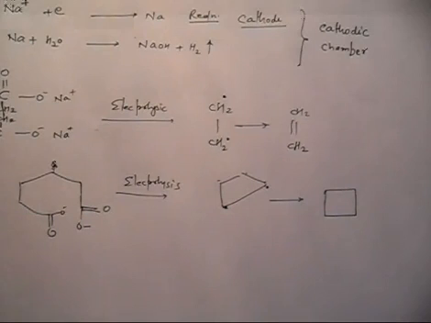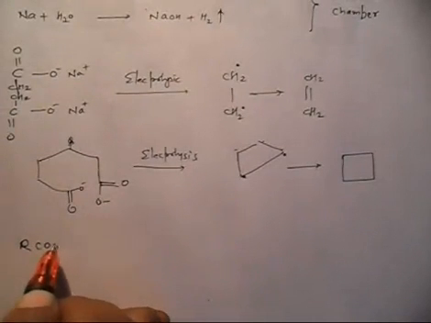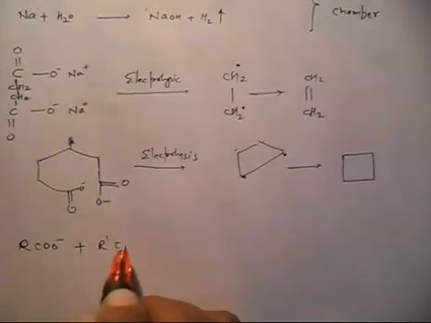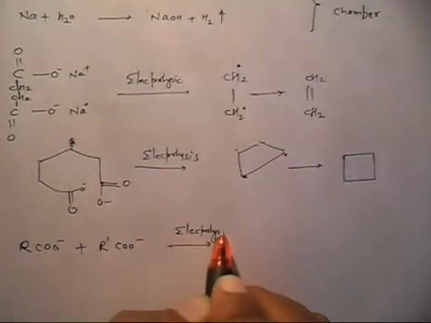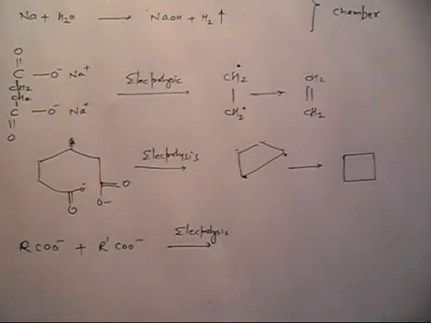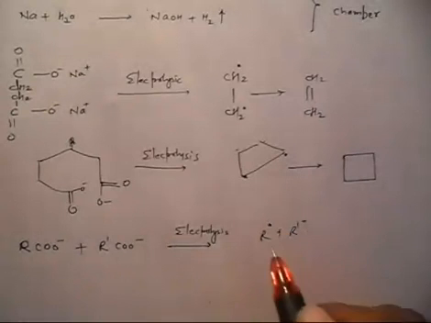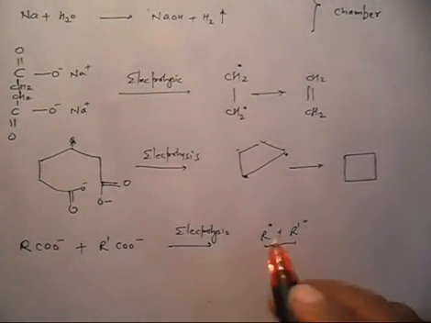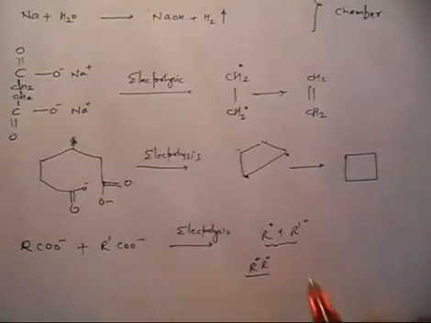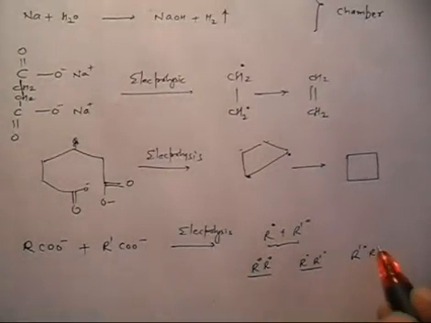What will happen if somebody asks about electrolysis of a mixture of RCOO⁻ and R'COO⁻? In this case you will get R• and R'•. The radicals can combine: R• with R•, R• with R'•, and R'• with R'•.